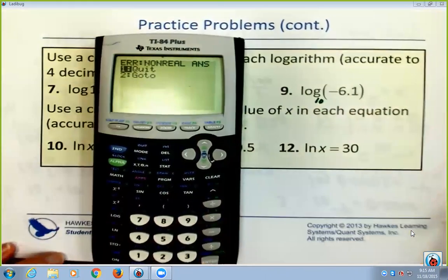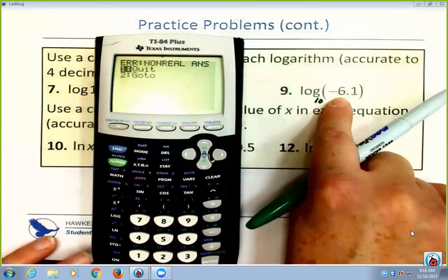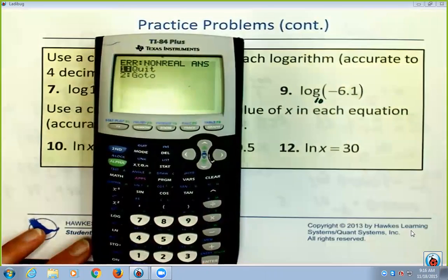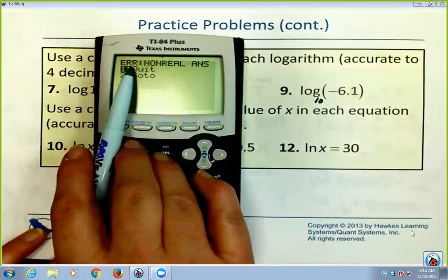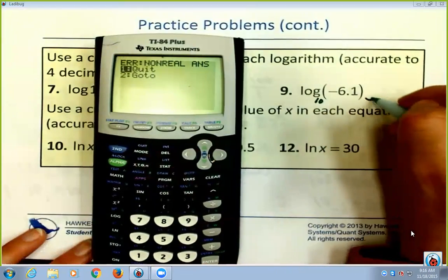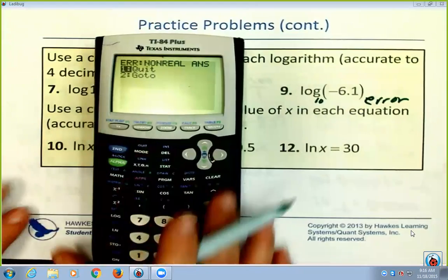And I think earlier we were told that our values in here had to be bigger than 1. So it comes out error, non-real answer. So all you would write for this one is error, or click on error, because it might have a button to click that shows you error. But I wanted to show you that one so that you had an idea.